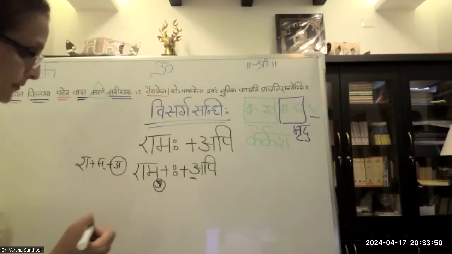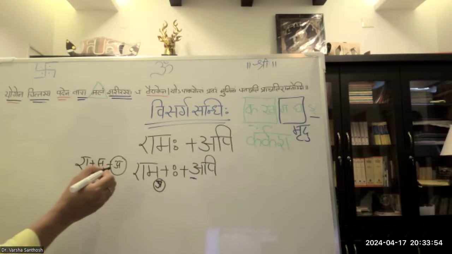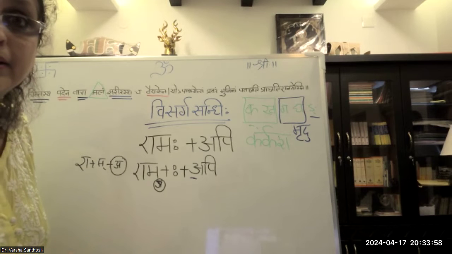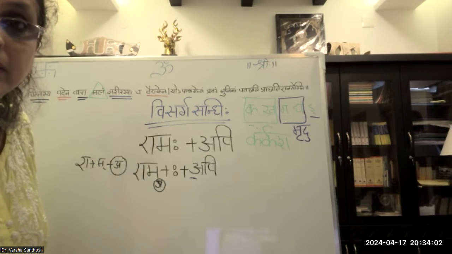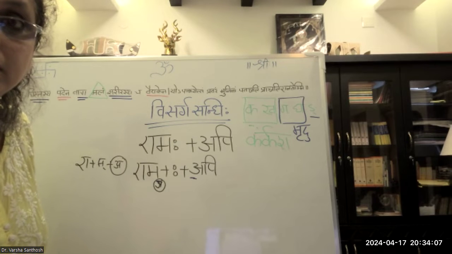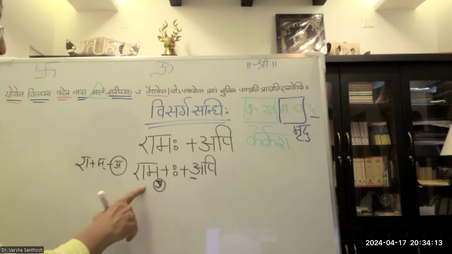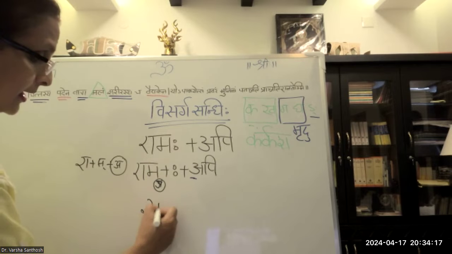Guruji, in Ram, ma, is there not a halant there? Ram, halant, then Visarga? No. How can it be? Because of the pronunciation. Ramaha. For example, if it is Au, Ramau, so Ram, halant, then you say the Au, right? No. Rama, Ramaha.